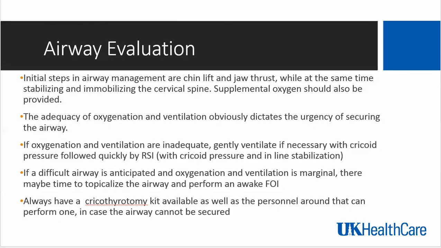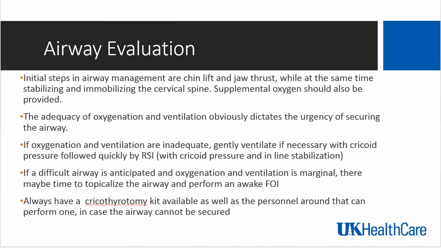How about the airway evaluation? The initial steps in airway management are, like we talked about, chin lift and jaw thrust, while at the same time stabilizing and immobilizing the cervical spine. Supplemental oxygen should also be provided. The adequacy of oxygenation and ventilation obviously dictates the urgency of securing the airway.